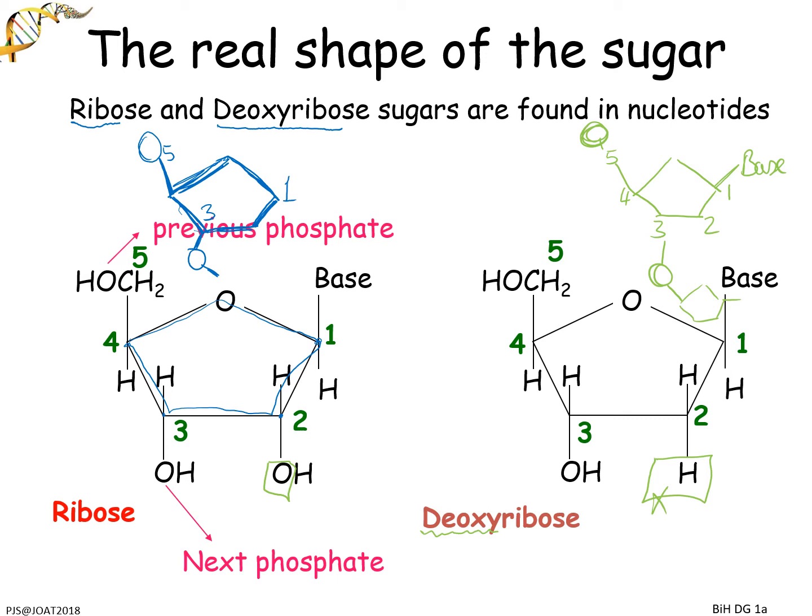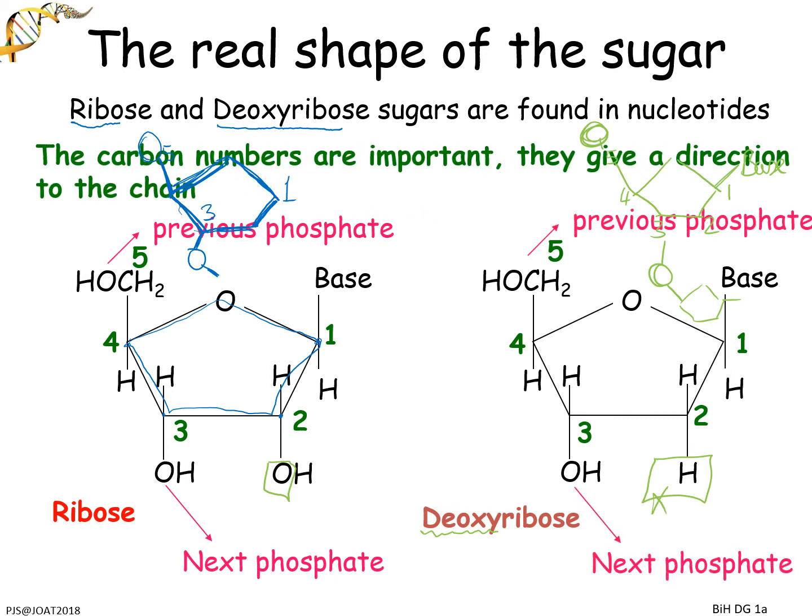These are slightly neater than the ones I've sketched. Not all of the H's and OH's, but the basic pentagon shape. So the carbon numbers are really important because they give what's called a direction to the chain.